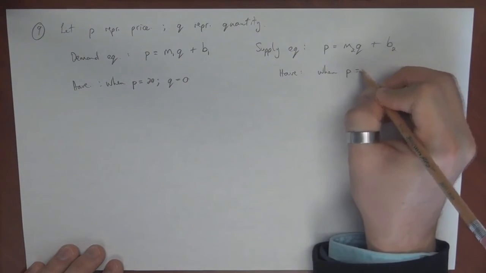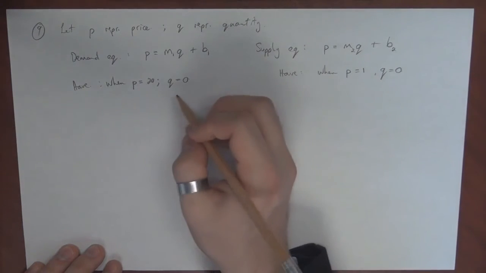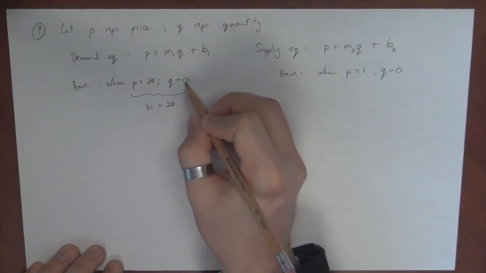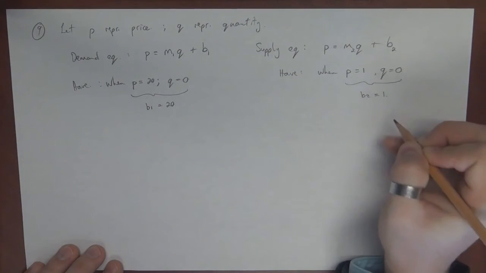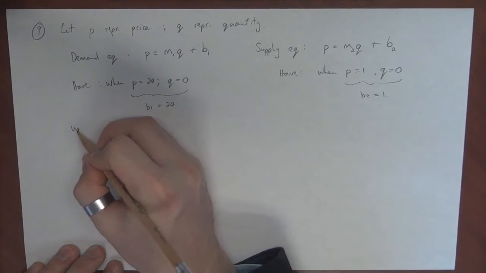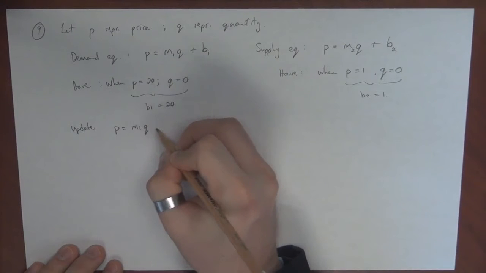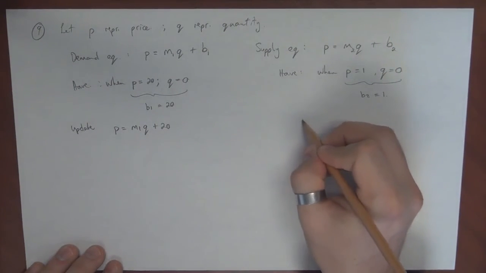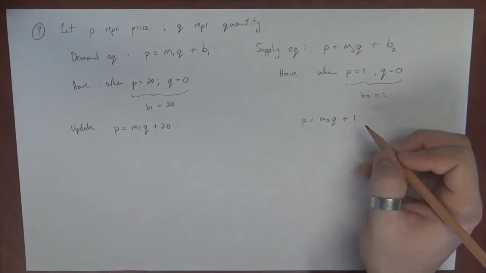So when P is 1, Q is 0. So this means that B1 is 20, because that's when Q is equal to 0. And this means that B2 is 1. So I update. Here I get P equals M1Q plus 20. And for supply, I get P equals M2Q plus 1.